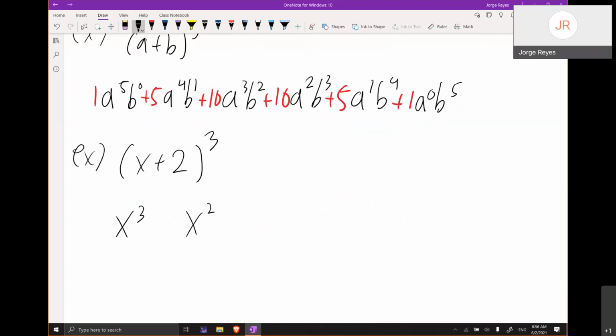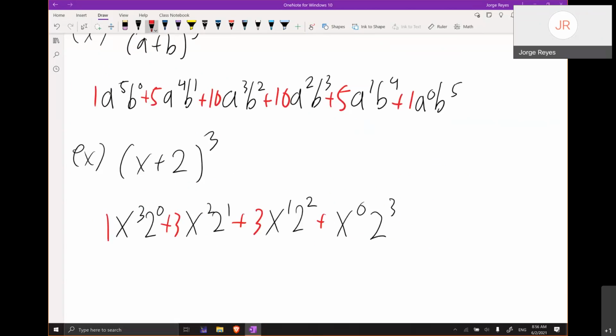So x squared, x1, x0. But then, right, this is 2 to the 0, 2, 1, 2 squared, 2 cubed. And then put the Pascal's numbers in. So 1 plus 3 plus 3 plus 1. But since these are numbers, you actually have to do some calculation, right?